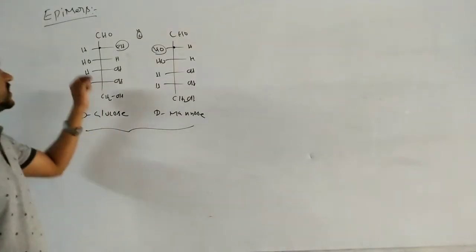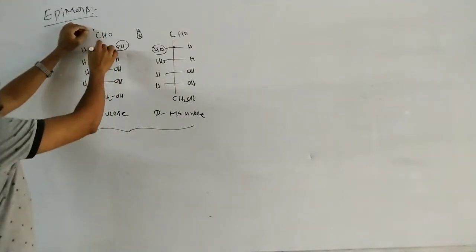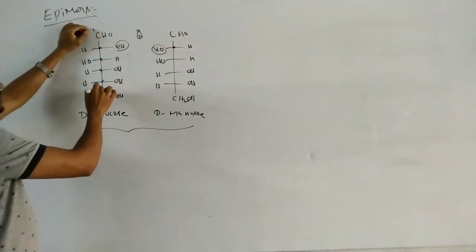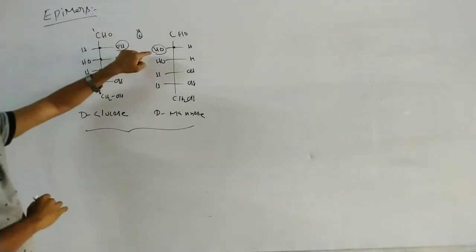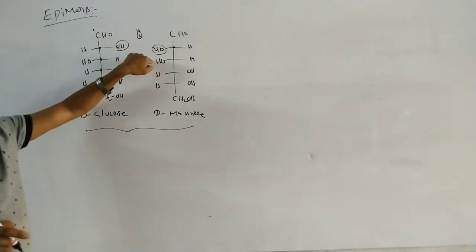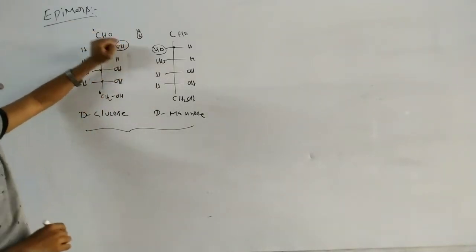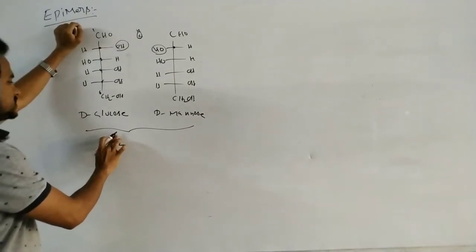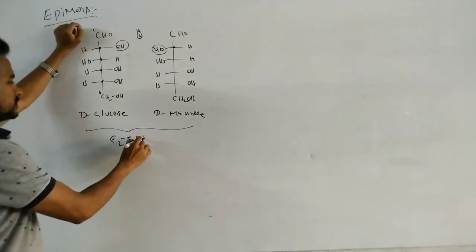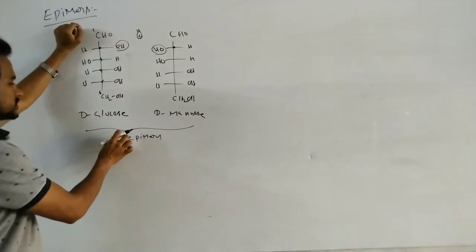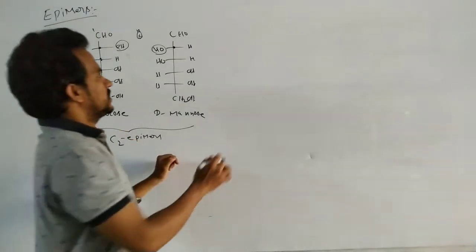Okay. So now here the first carbon, second carbon, third carbon, fourth, fifth, sixth. A different configuration at the second carbon. So these are the C2 epimers. Okay.